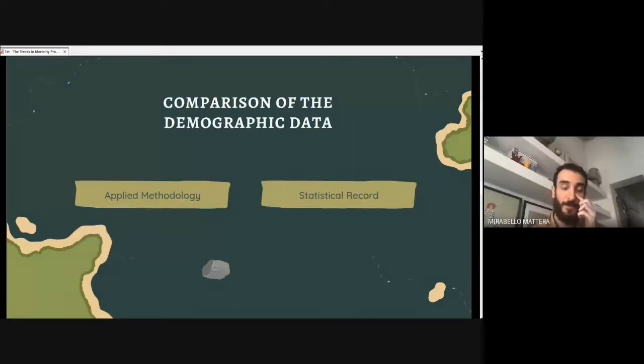Thank you, Tannishta. So basically, in this part of the presentation, we talk about the methodology and the results. So basically, what we made with our data. In general, we can say that paleodemographic comparison studies always have a lot of problems and limitations. So we apply a specific methodology to obtain a statistical record that can be useful for our paleodemographic analysis.